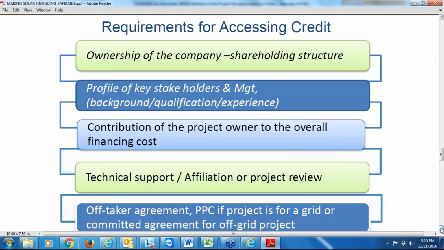There has been quite a lot of intervention by different agencies in coming to aid in this area. The technical support and affiliation is also a key issue.